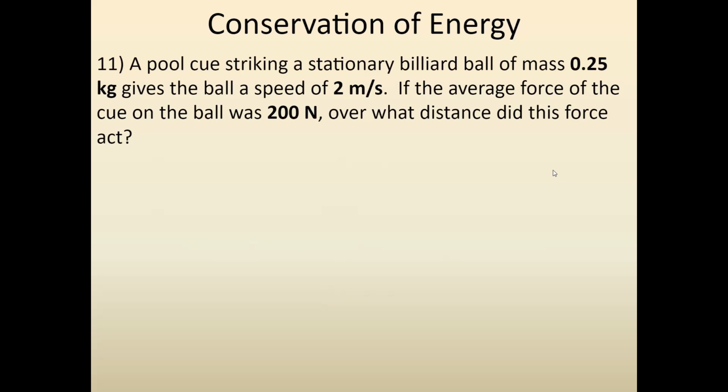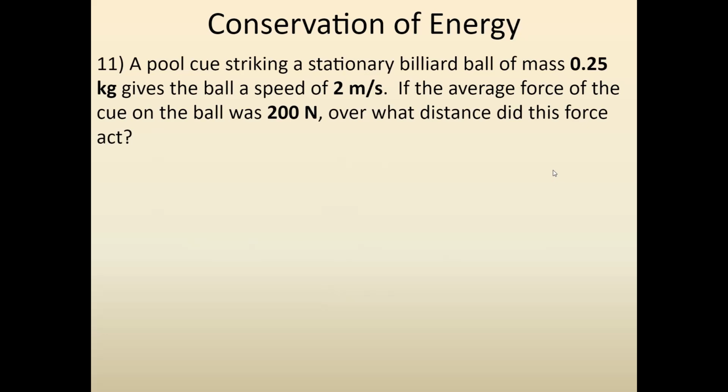All right, so we have the pool cue striking the billiard ball, and it gives it some speed. So again, the flow of energy, it's starting with work being done because it's being hit. That work is then turning into the form of kinetic energy. And they tell us what the average force is, so again, clearly we're going to do something with work.